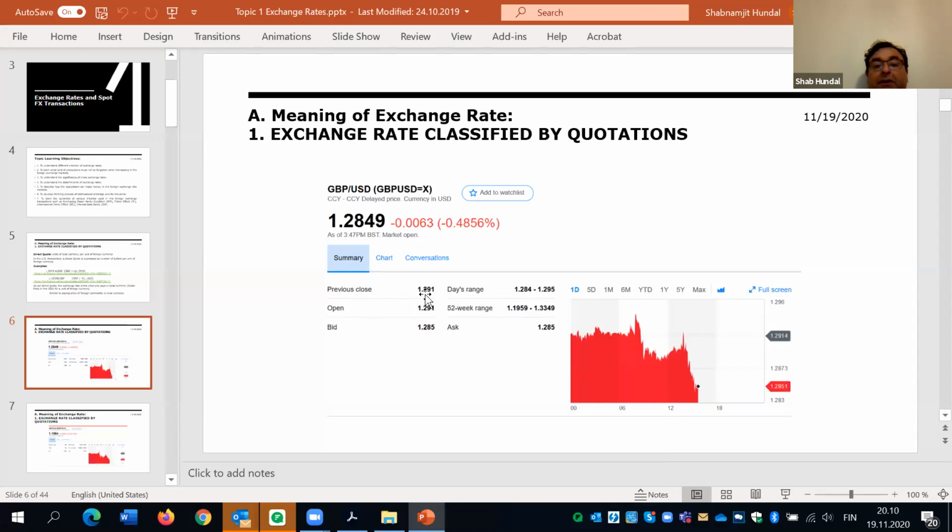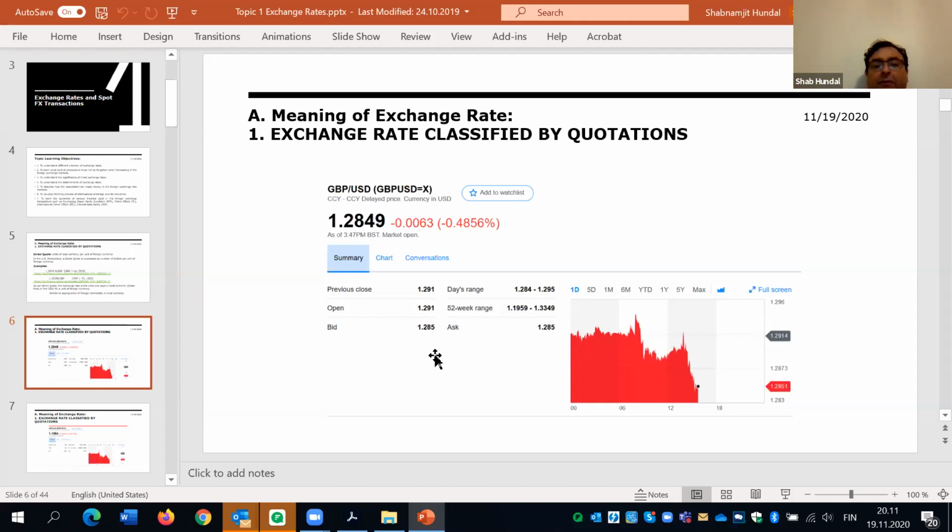For example, the market closed at 1.291, and overnight something wrong happened in the USA. Then when the market opens next time, the foreign currency's value can go up because the dollar's value can go down. And then we have the bid price and the ask price.